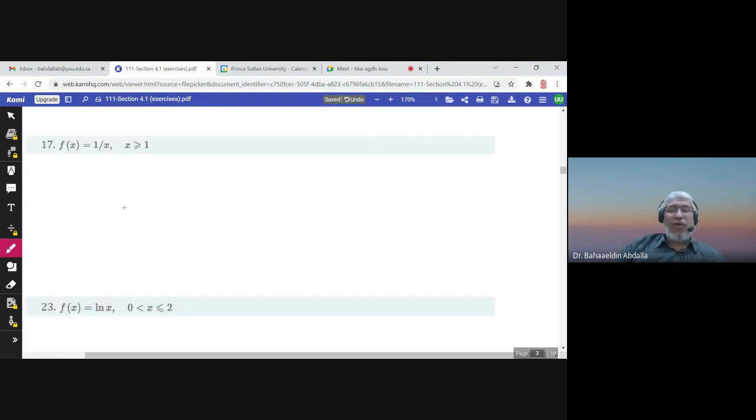The graph of 1 over x, when x starts from 1, if we make a table, if x is 1, y is 1, if x is 2, y is a half. And we know the graph, it's a curve, approaches the x-axis, doesn't touch.